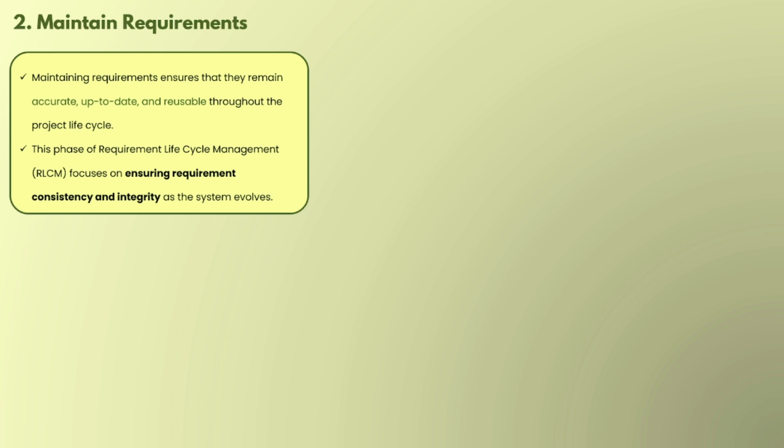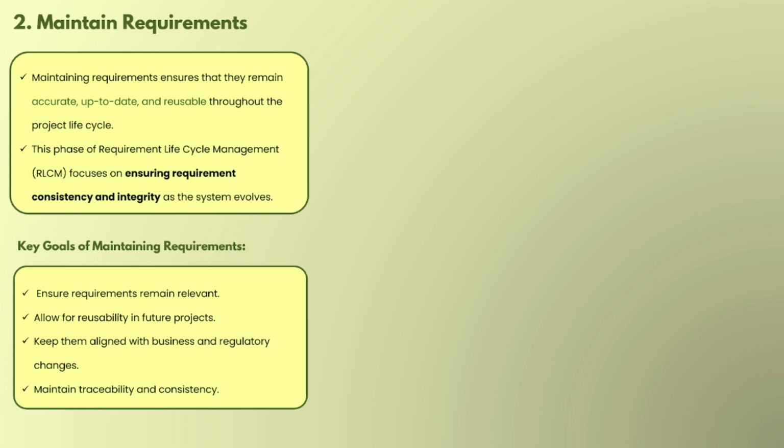For example, if we add a feature that stores user preferences, we check that it doesn't conflict with existing data privacy rules in other requirements. So if we implement any new feature, it should not hamper another feature. This is ensuring requirement consistency and integrity. So this is all about maintain requirement.